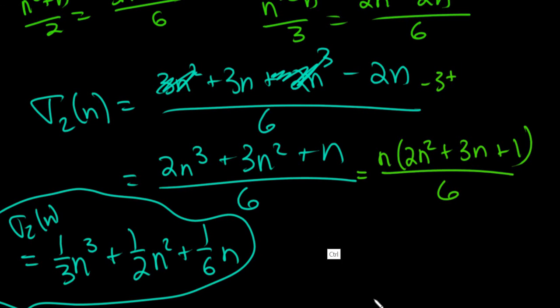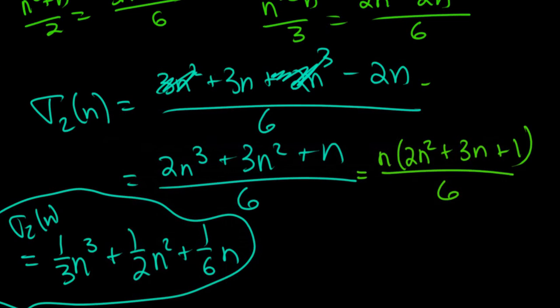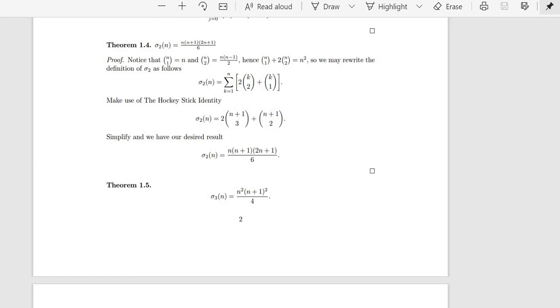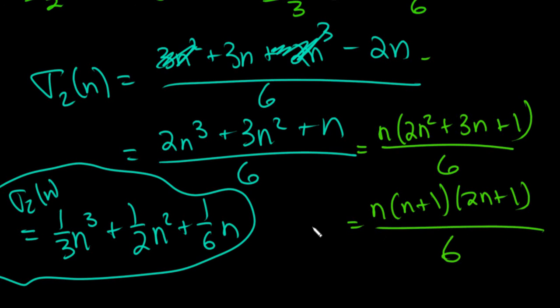Well, let me just look it up. I don't think that's how you factor with the quadratic formula. That gives you an idea of how far removed I am from factoring in school. So that is (n plus 1) times (2n plus 1). So yeah, you just have to take my word for it. You can check it yourself. That is another way that you could write sigma 2 of n.